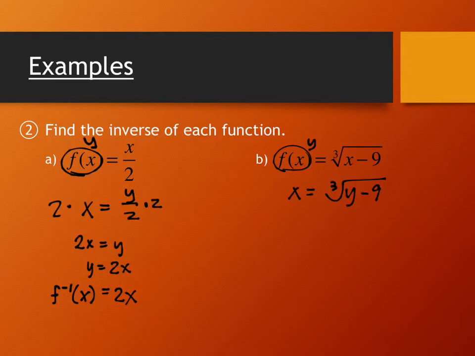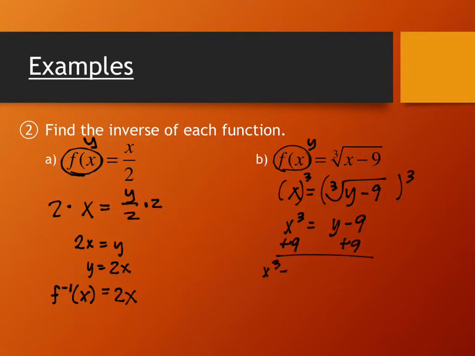So right now, how do I undo a cube root? You cube it, right? So I'm going to undo my cube root by cubing. So now I have x cubed on the left, and I have y minus 9 on the right. And then how do I undo subtraction of 9? You add 9.